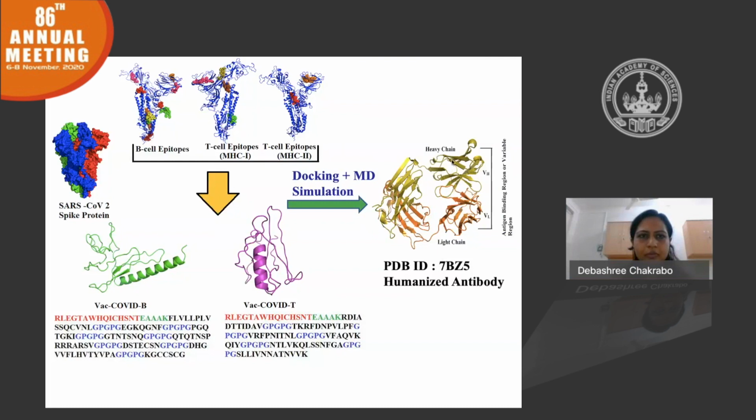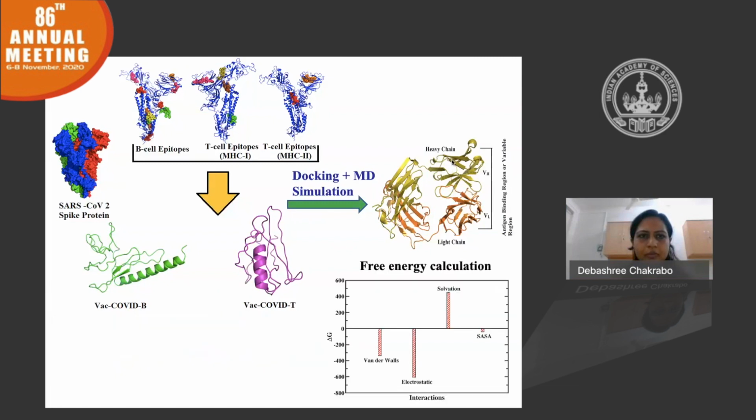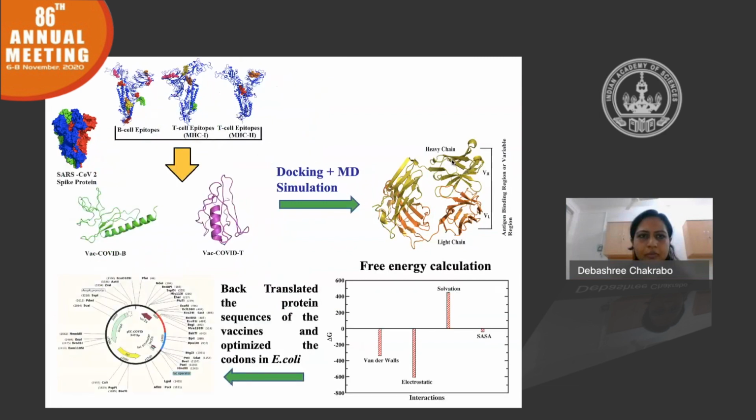Then we docked this vaccine to the human antibody and did molecular dynamics simulation to find out the crucial interactions between the vaccine and the human antibody, and also the main energy contributions. We calculated the free energy and found that the electrostatic and van der Waals interactions are the main forces which stabilize the complex.